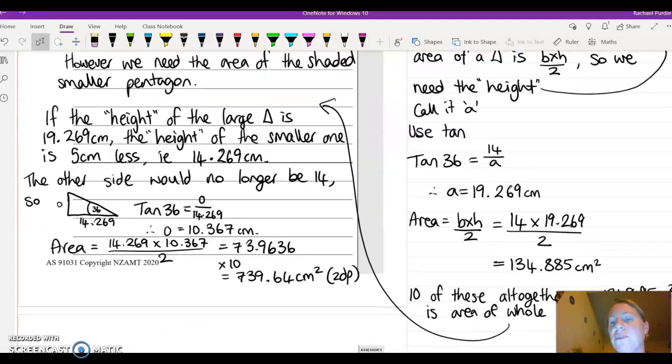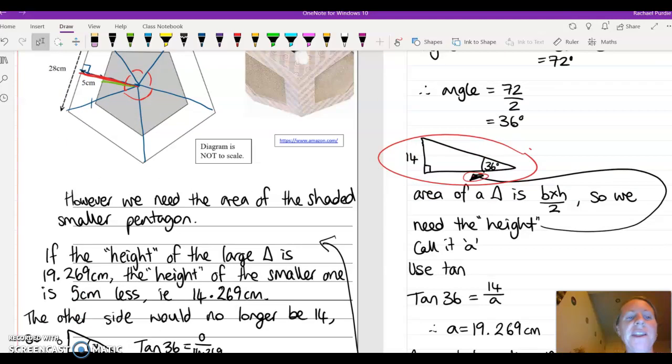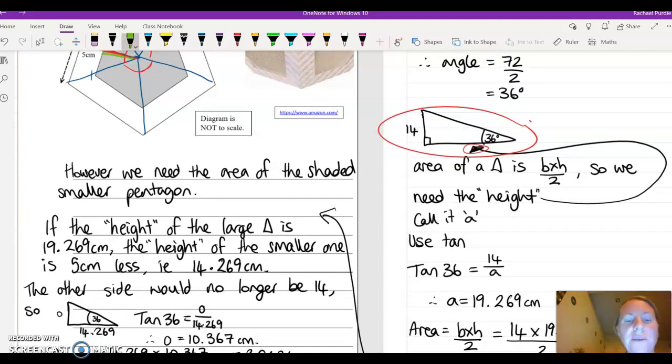I first of all actually calculated the area of the large triangle, and because this is a 3-hour exam for a 1-hour topic, it doesn't matter if you do the same kind of thing because you've got plenty of time. So I worked out the area of the large one, and then I went, however, we need the area of the shaded one. So we work out that the height that we can use is 14.269.